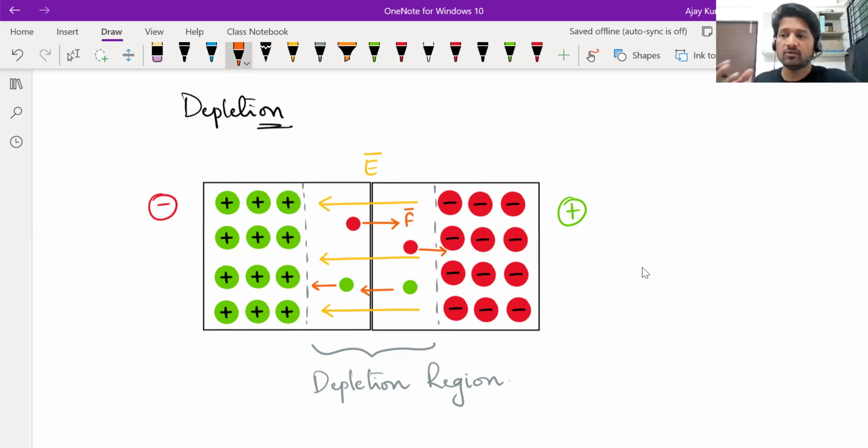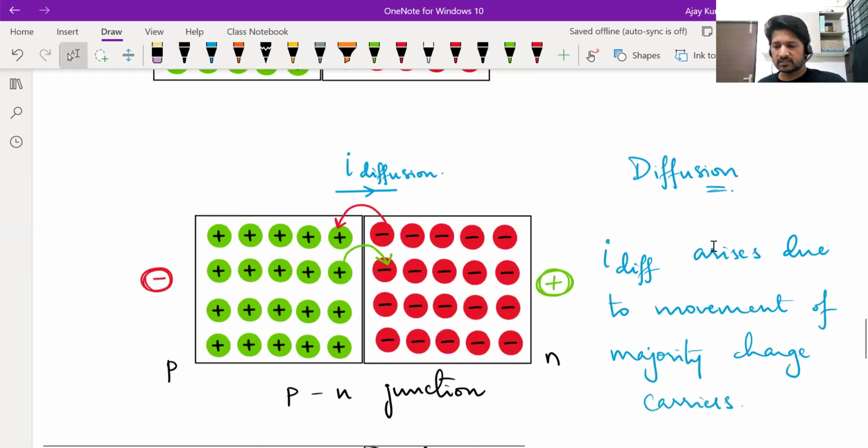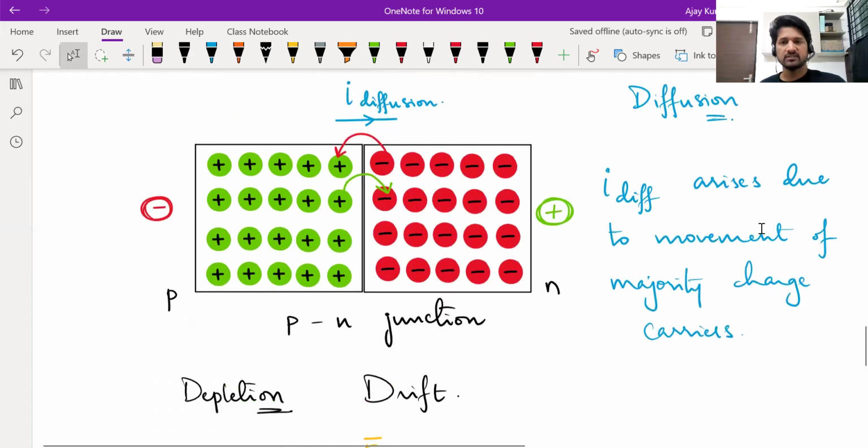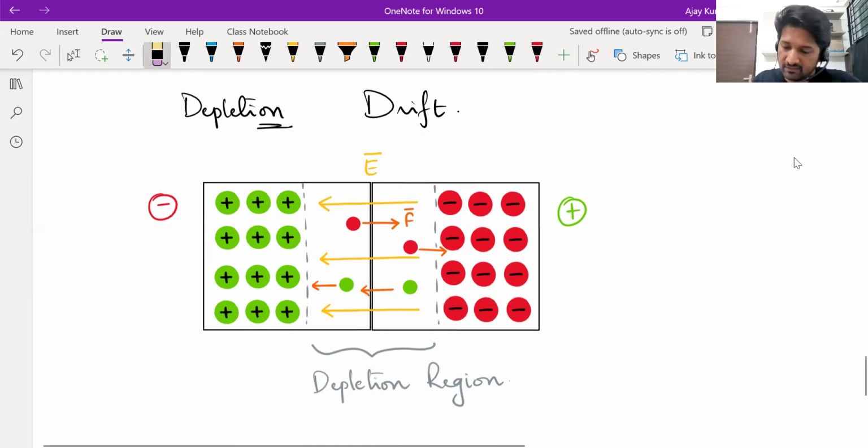Now the movement of charge carriers due to electric field, that process is called drift. Movement of charge carriers due to concentration difference is called diffusion. But movement of charge carriers due to electric field is called drift.